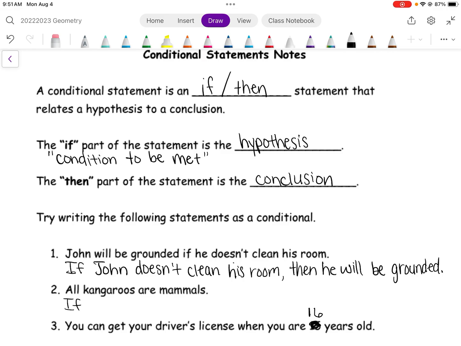So the condition to be met is that animal has to be a kangaroo. So if an animal is a kangaroo, then it is a mammal. These two sentences mean the exact same thing. If an animal is a kangaroo, then it is a mammal.